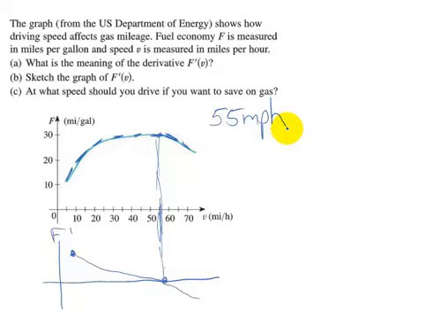I think in the late 80s they started to do that, and then in the 90s kind of totally repealed it and left the speed limits up to the states like they had been previously. But it was based on the idea that after 55, the fuel economy drops significantly. We see that our derivative goes negative, which means we are decreasing in our fuel economy.